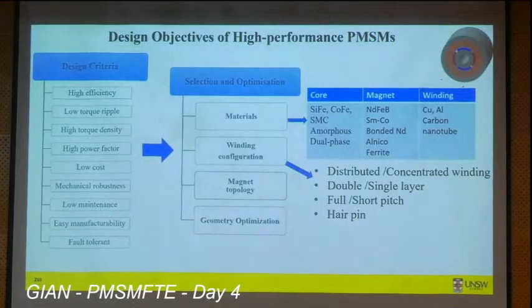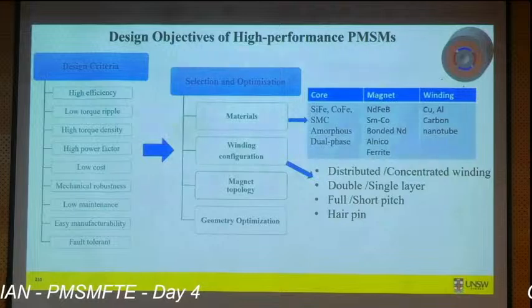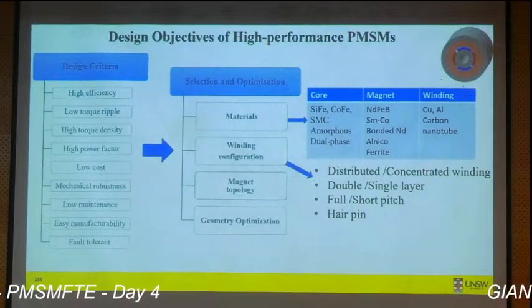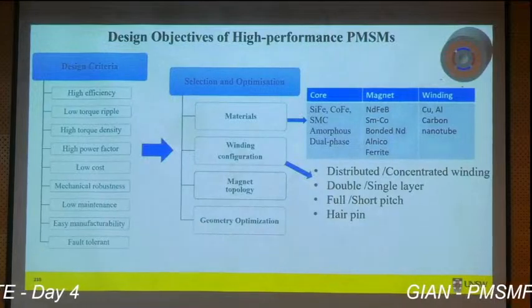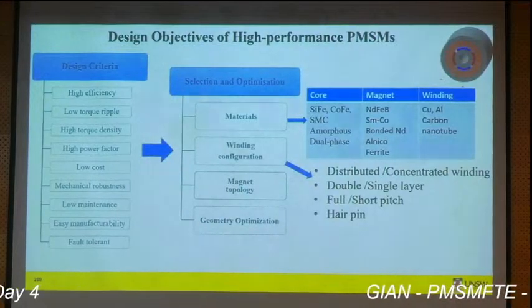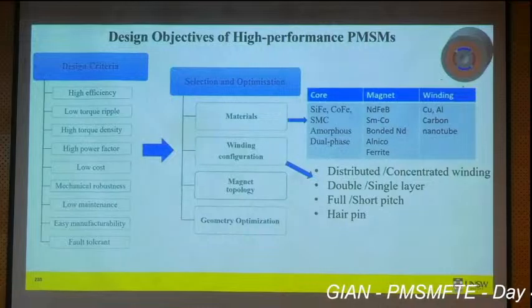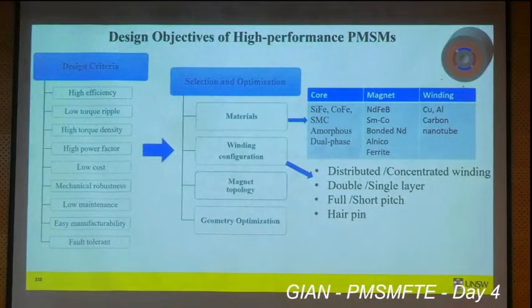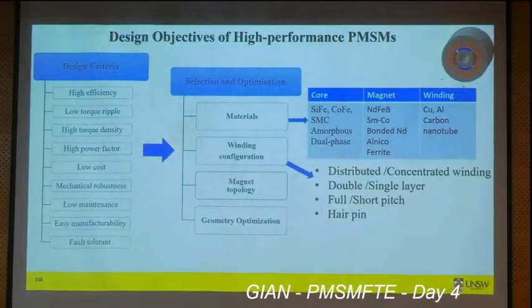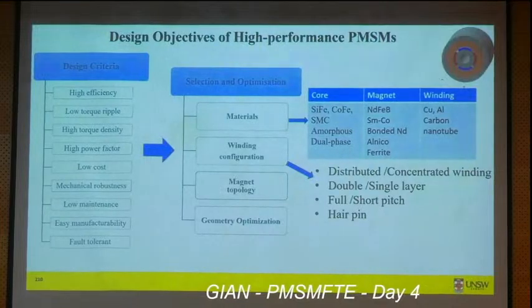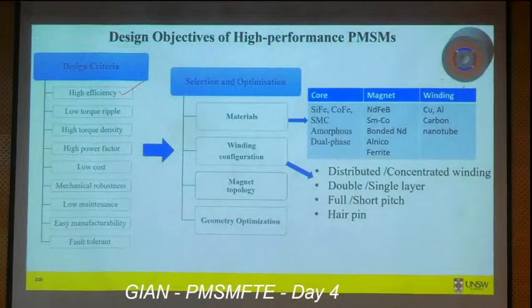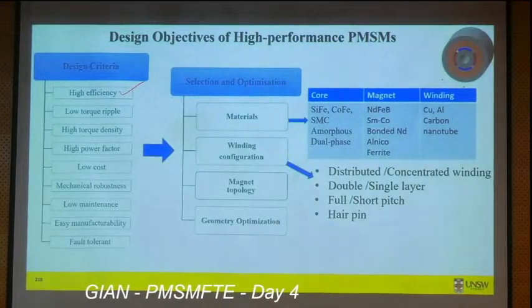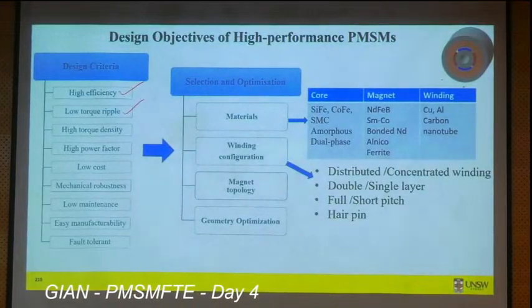Let's consider the traction motors, PMSM motors, as a high performance machine. Okay. So design criteria or objectives could be, as I said, based on your application. For traction, obviously, we would like very high efficiency, low torque ripple, so that we can have smooth run.